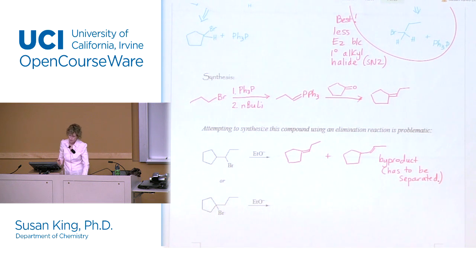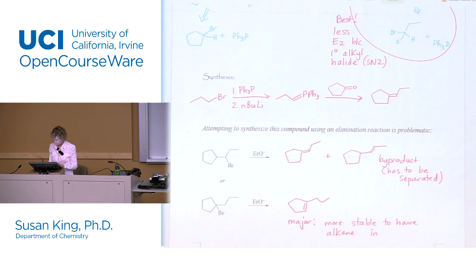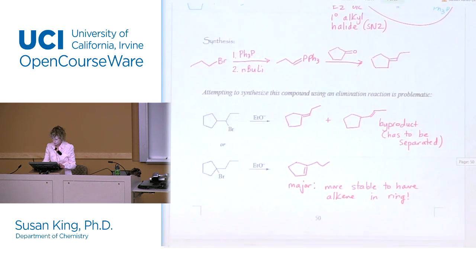Okay, so if you started with this one here, your major product would be where the double bond is part of the ring. It's more stable to have the alkene in the ring. All right, so the Wittig is a nice way to do that much more cleanly.